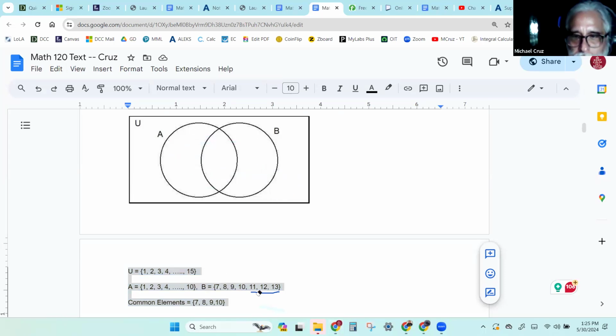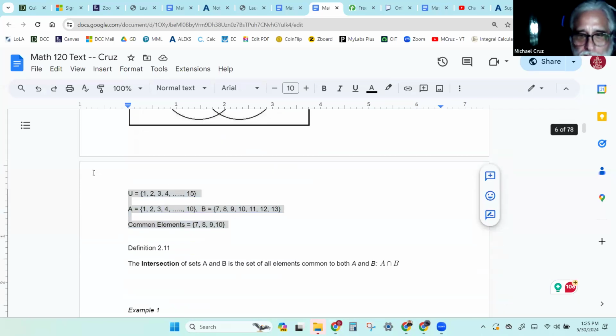All right, so take a few more minutes here and talk about these concepts. First of all, it's the intersection. The intersection of a set A and B are the common elements. And in other words, this right here was the intersection. This was the intersection of these two sets, the common elements.